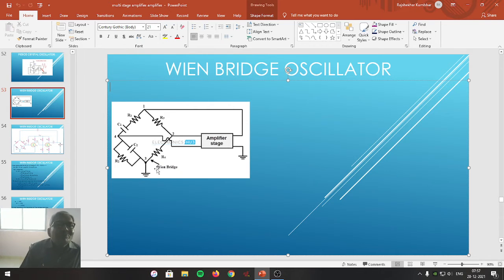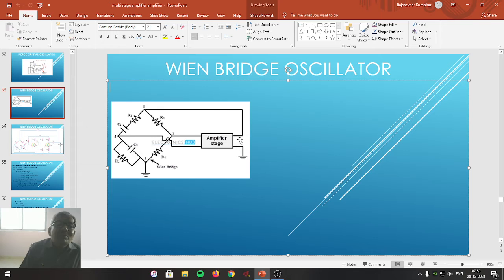But suppose one of the arms of the Wien bridge is varied or changed, then the bridge is going to be unbalanced. When the bridge is unbalanced, it will generate some output voltage. This output voltage is given as an input to the amplifier.